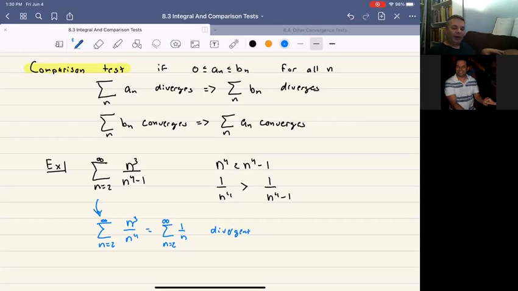Now the problem is this is the bigger one. Damn, right? This is the bigger one. So the divergence here of this shouldn't really tell us anything about the divergence here. So the comparison test actually kind of failed here.